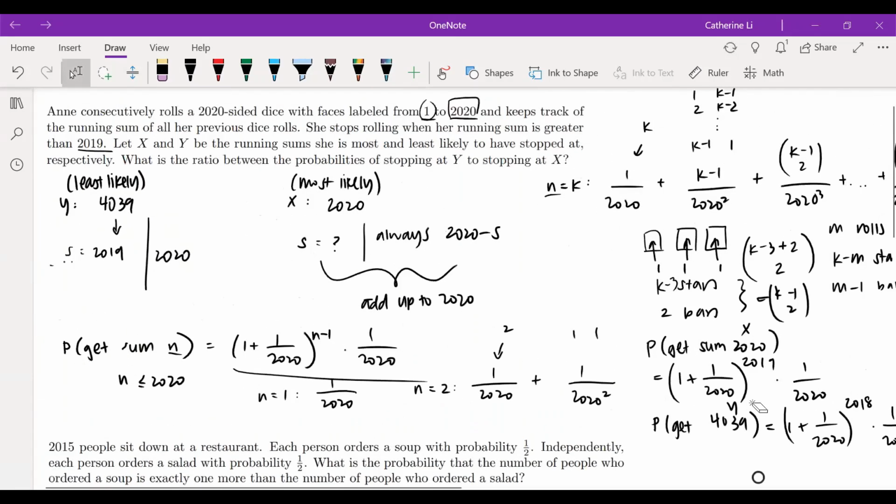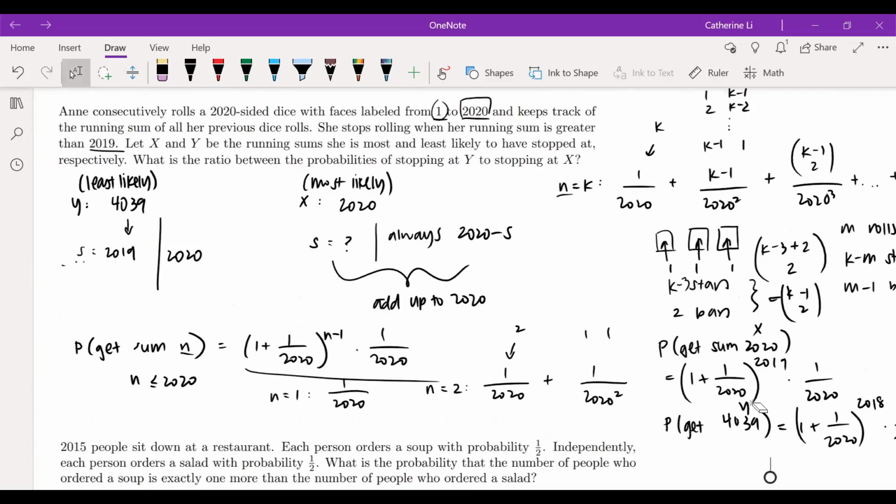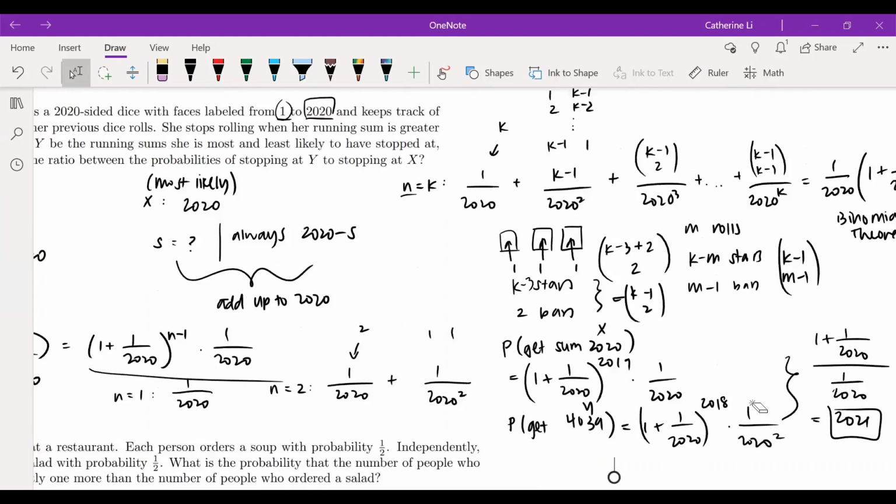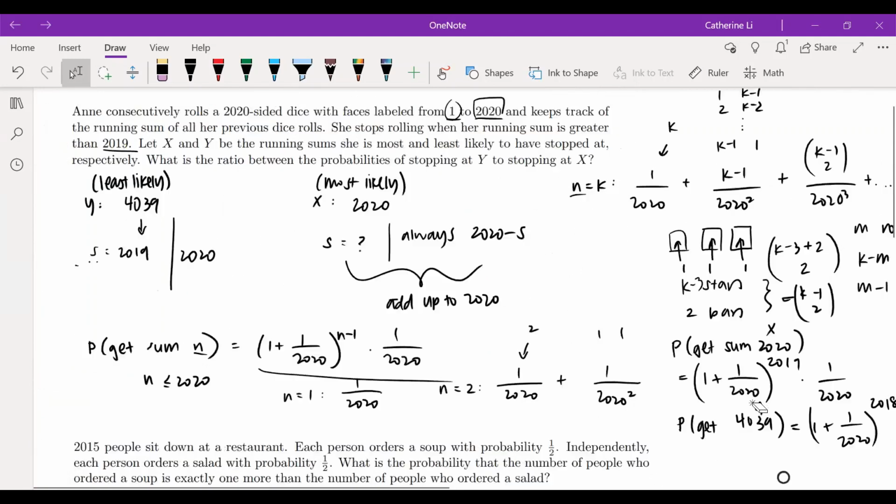The first one was the observation about how we get X and Y. And then the second part is using stars and bars to find this formula and then just plugging it in. Okay, feel free to ask any questions, but I'm going to move on now.